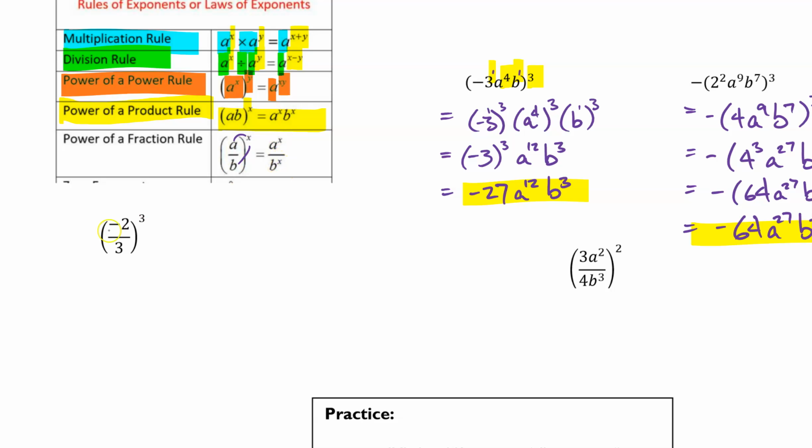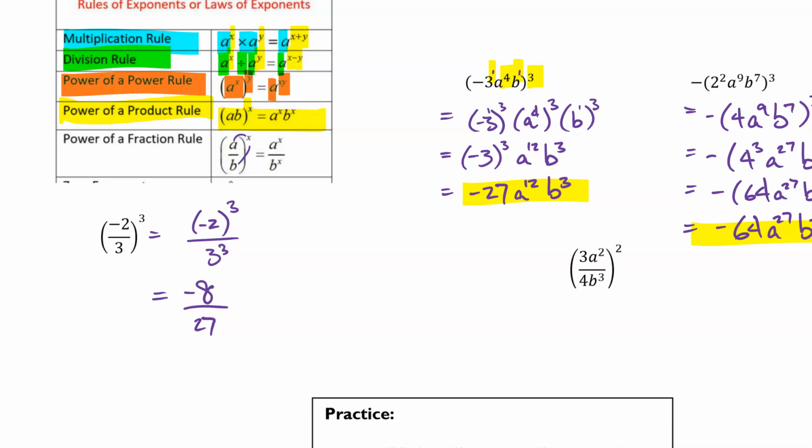You see that? So in this case, really what's happening is this becomes negative 2. Actually, it's better to write it like this. Negative 2 cubed over 3 cubed, which gives me negative 2 times negative 2 times negative 2, which is negative 8, all over 3 times 3 times 3, which is 27.